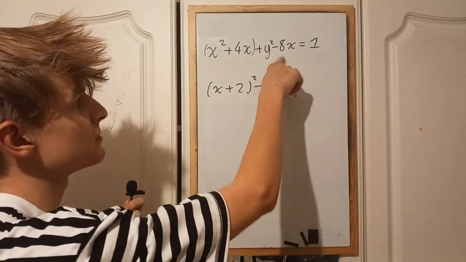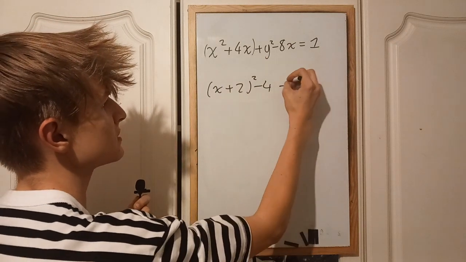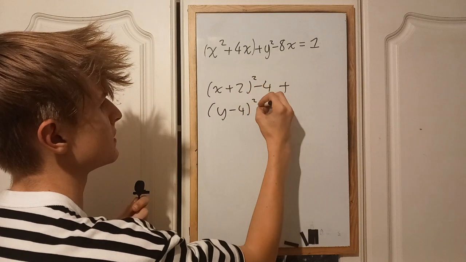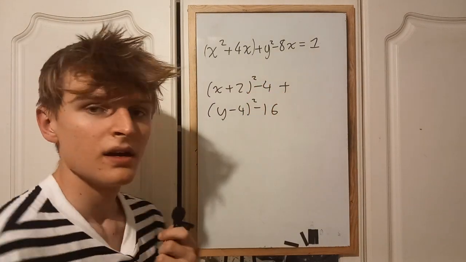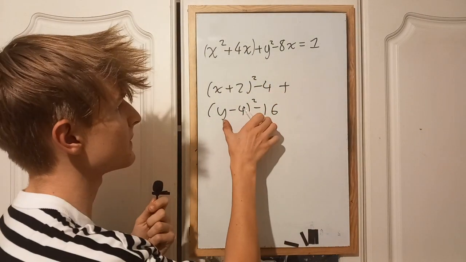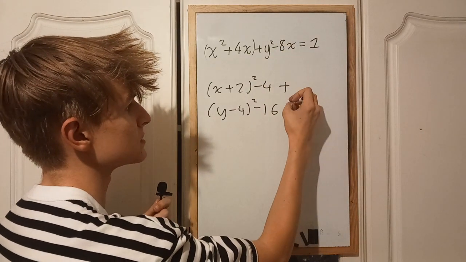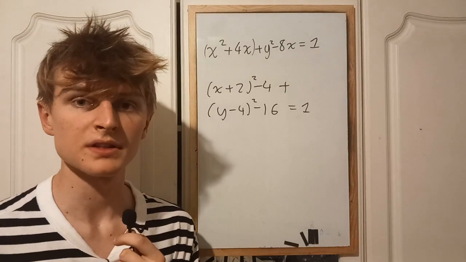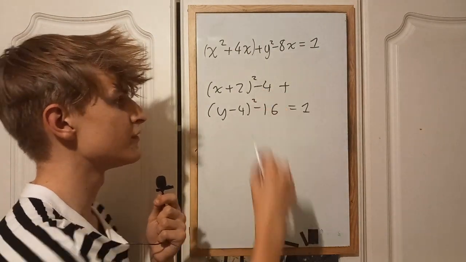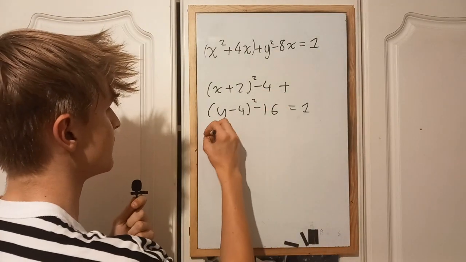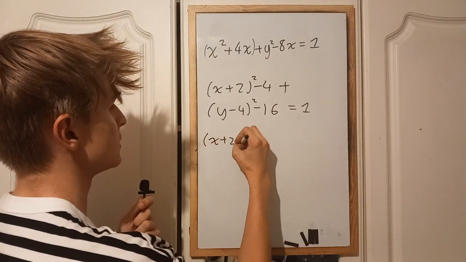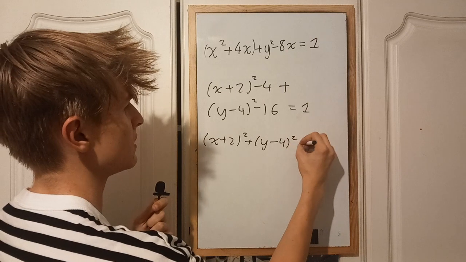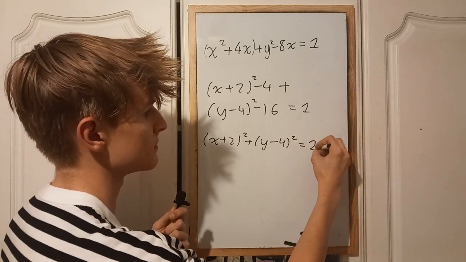And then this y squared minus 8y will be written as plus (y minus 4) squared minus 16. If you don't believe me again, just expand it out and you'll get that. And that's still equal to 1 because we haven't really actually changed anything. And then, I'm sure you can see where this is going, we just add 16 and 4 to both sides, and we finally get that (x plus 2) squared plus (y minus 4) squared equals 21.